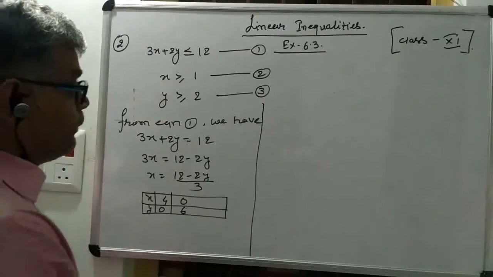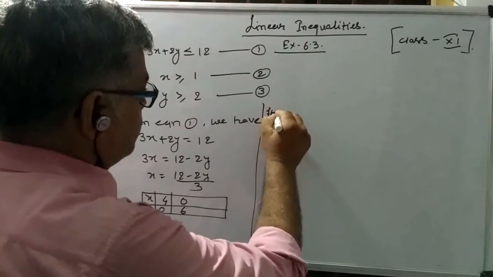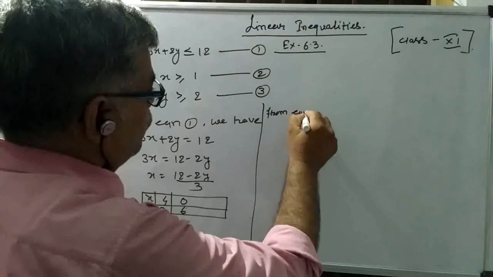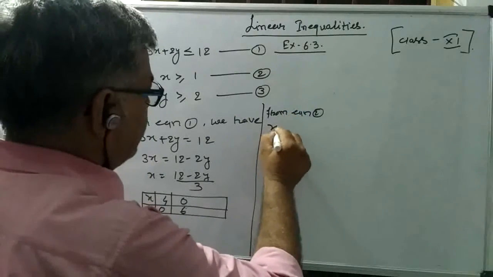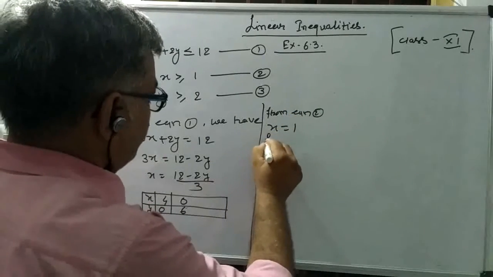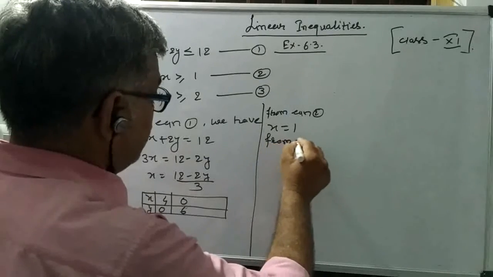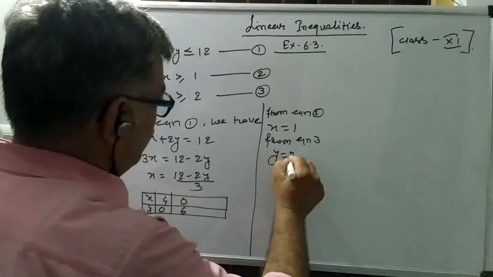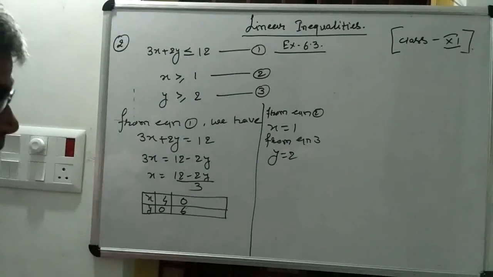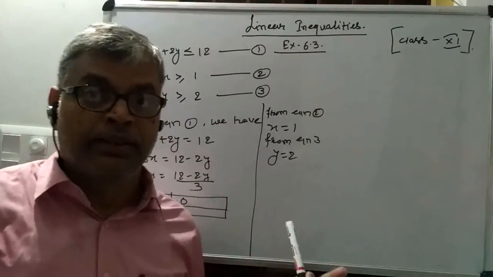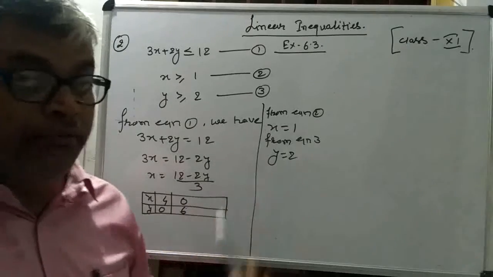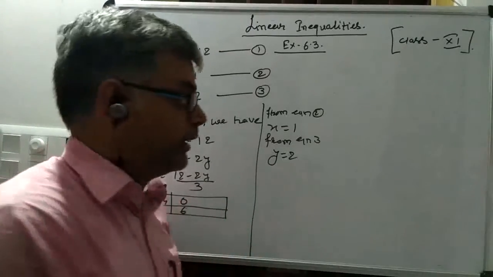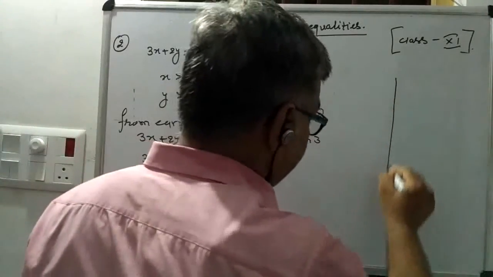Now from the second equation we have x equals 1, and from equation 3 we have y equals 2. So now your work is to represent these equations graphically in the Cartesian plane. First you draw the Cartesian plane.